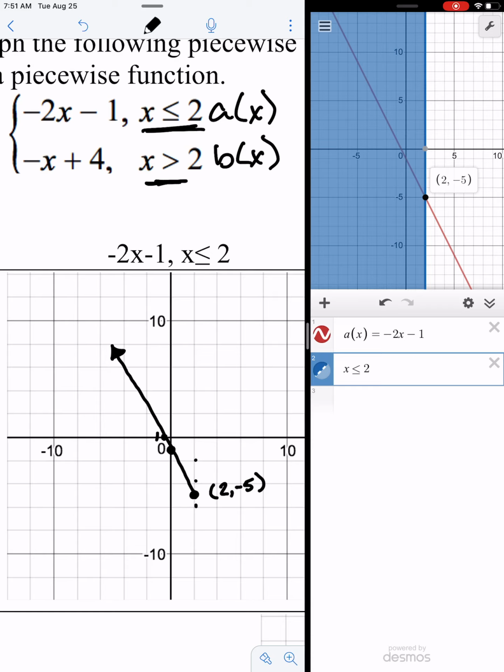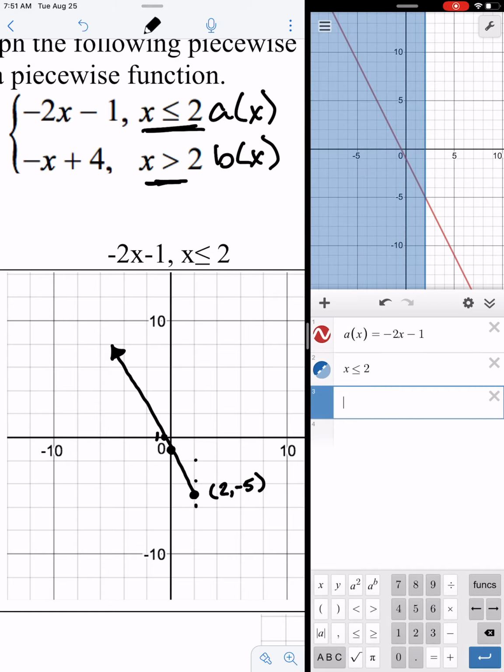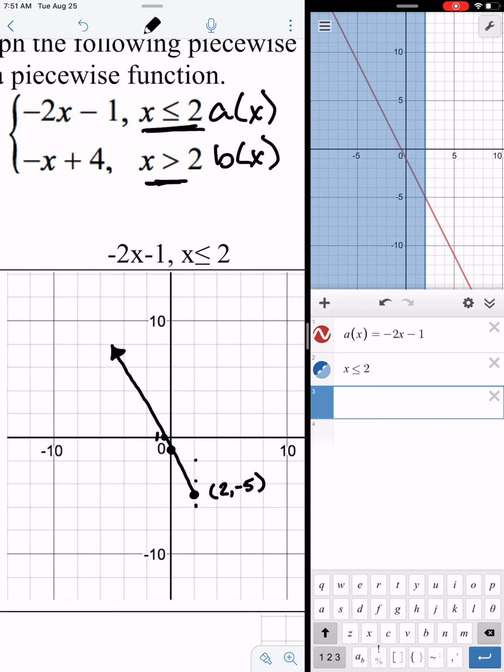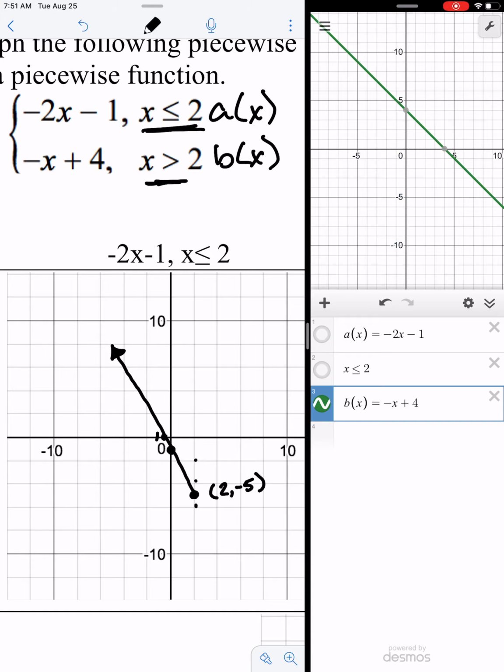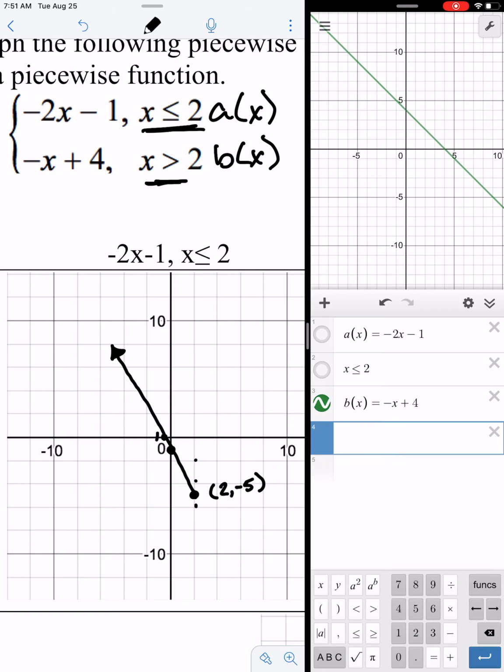Okay. So after I graphed the red one, I'll then graph b of x. So I have this green line, but now, once I do that, I'm going to hide my other two. And I'm going to say x is greater than 2.